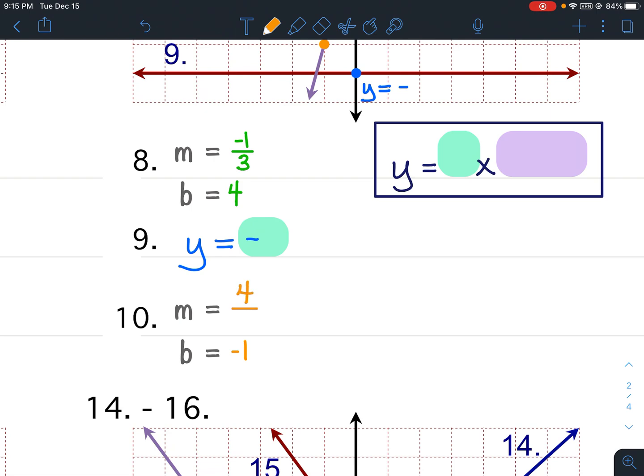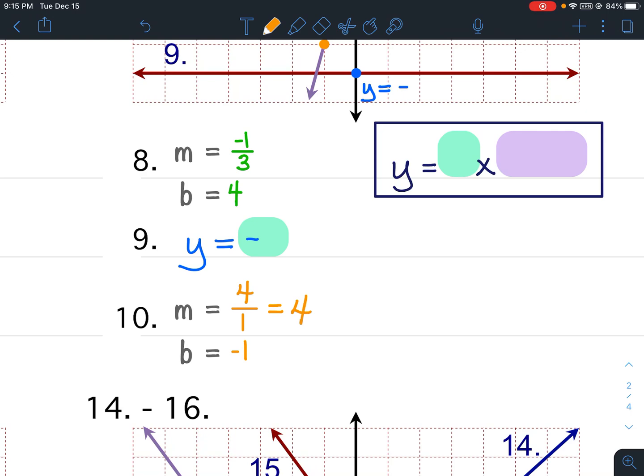Rise of 4, run of 1. Now, that would be an improper fraction. When you're writing equations, we don't want that. It doesn't matter if it would be like 4 over 3, but when you have a 1 on the bottom, we want to go one step farther and simplify that to just 4.